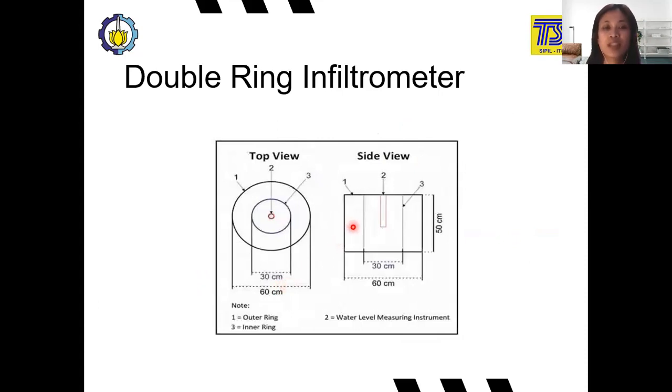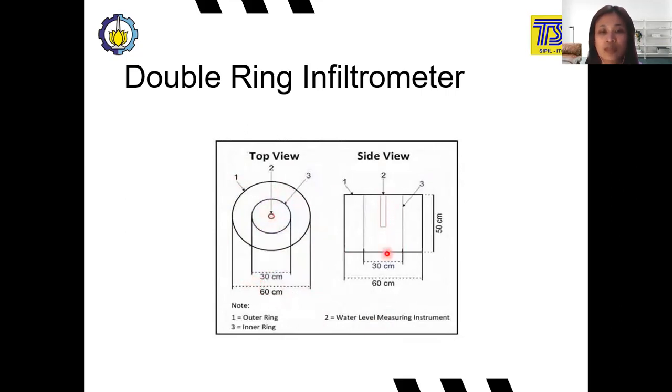This is the example of the top view and side view, and the example of the unit size. Here we have 30 centimeters for the inner ring, and then 60 centimeters for the outer ring. So the diameter of each ring is different.